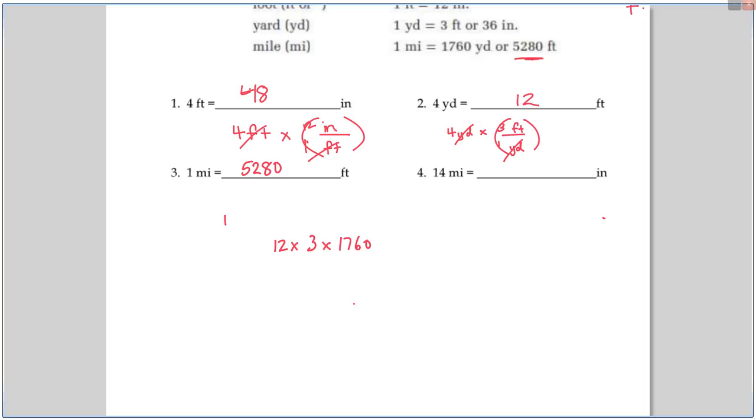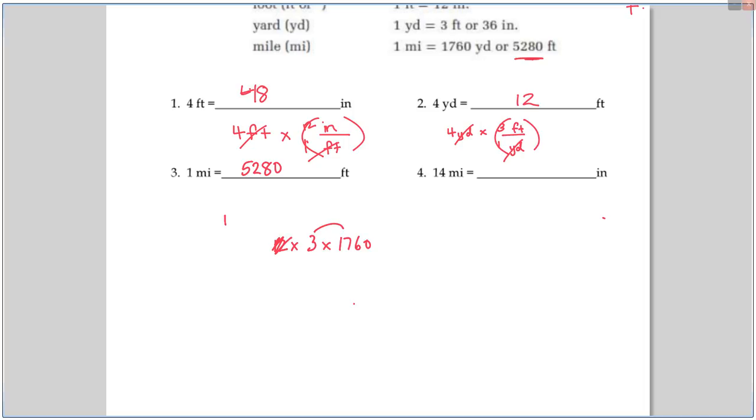Inch, feet, yard. And that should be 5280. Or no, is it? Times these two, what do you get? Yeah, 5280 from that one. But is 5280 on the yellow sheet? Yes, so that one's for free.